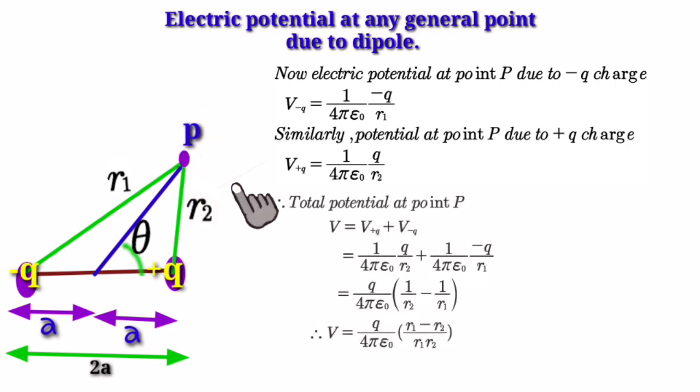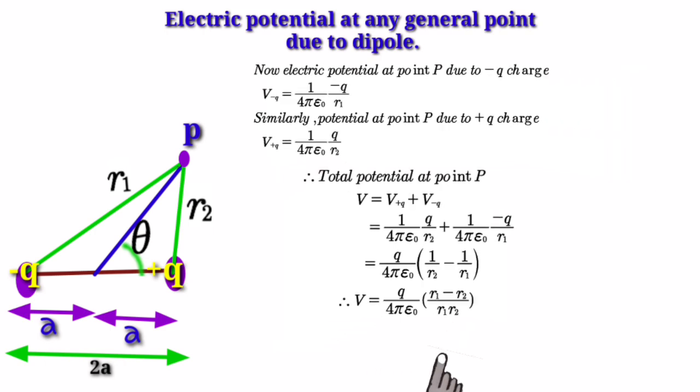Therefore, total potential at point P is V is equal to V plus q plus V minus q. After putting the values of V plus q and V minus q, we have V is equal to q by 4 pi epsilon naught into r1 minus r2 whole divided by r1 r2.